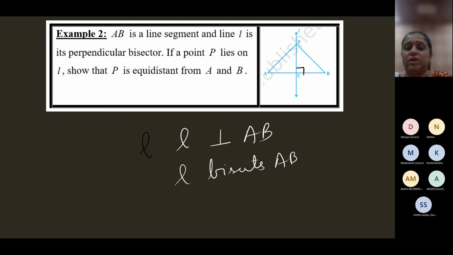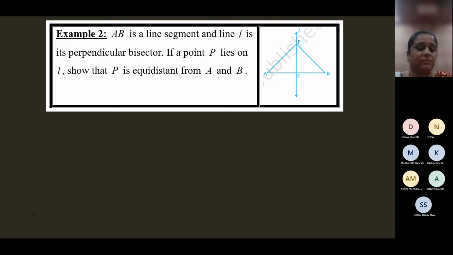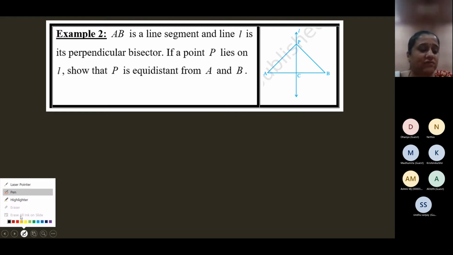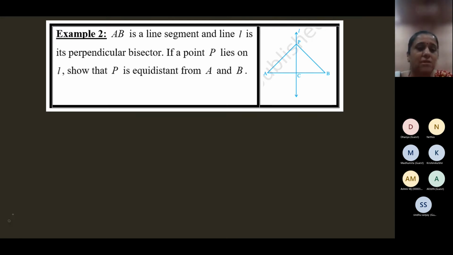L bisects AB. That means L cuts AB into 2 equal halves. AC is equal to BC. So a perpendicular bisector conveys 2 pieces of information.